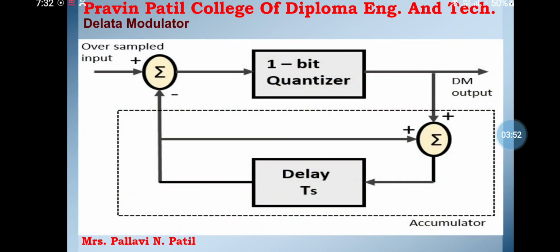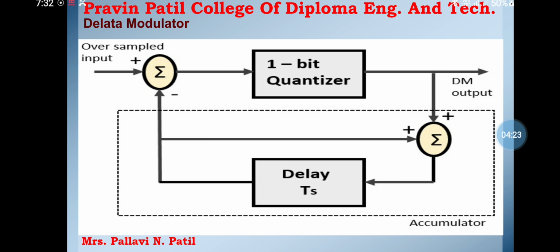The next is the delta demodulator. This is the diagram of the delta demodulator. The delta demodulator is comprised of a low pass filter, a summer with a delay circuit, and a pre-circuit to eliminate errors, and hence reconstruct the input given to the modulator. The low pass filter is used for many reasons, but one is that noise outside the signal band is eliminated.